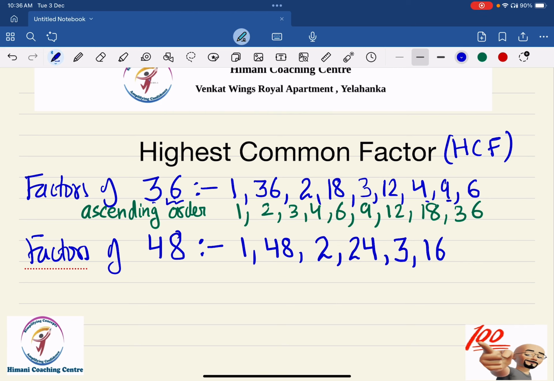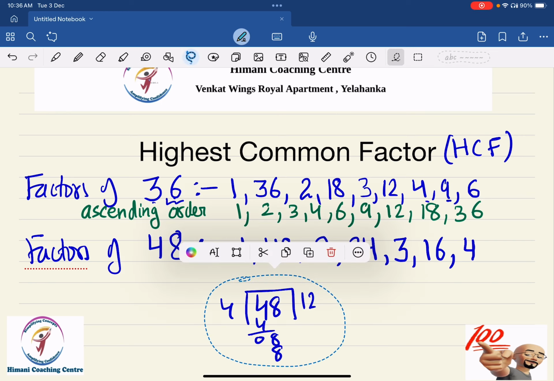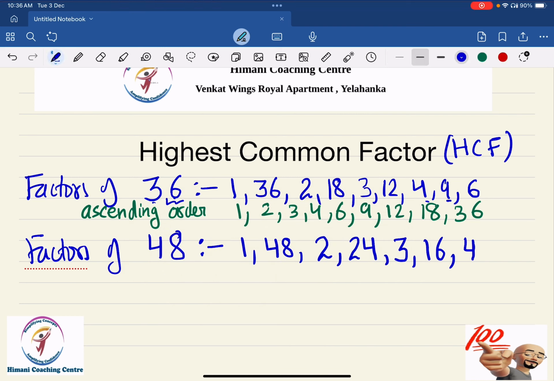Then we have taken 3, then 4. If you take 48 and divide it by 4, 4 ones are 4, then 8, 4 twos are 8. So we get the factors as 4 and 12.